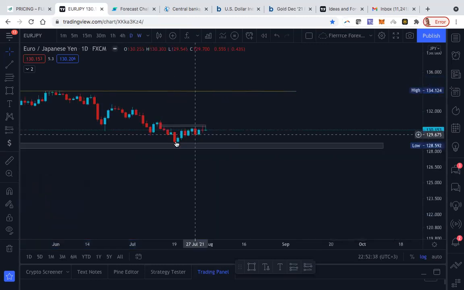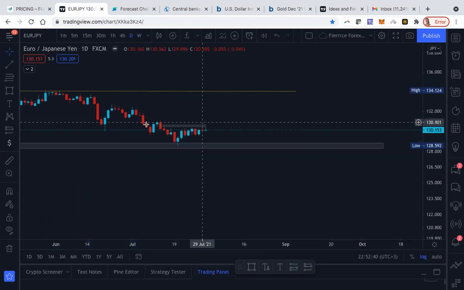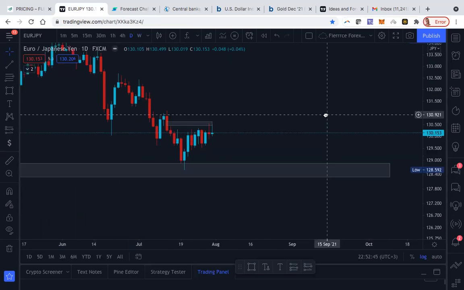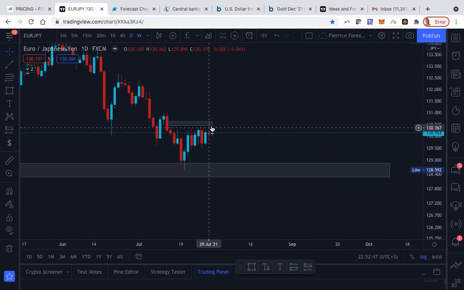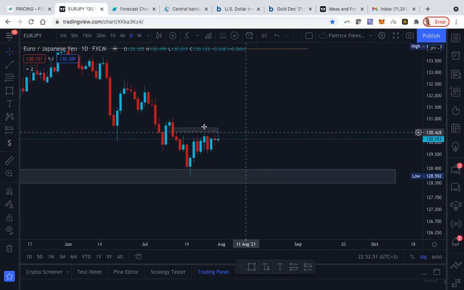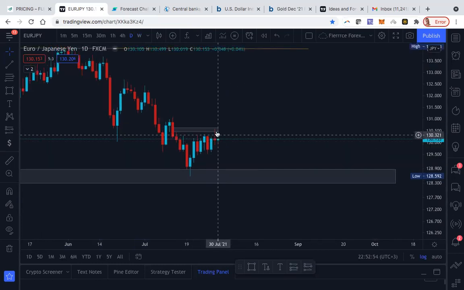And we can see that price pushed to this level, and has been in this interesting sideways thing going on, a bit of a rejection up here on these candles.